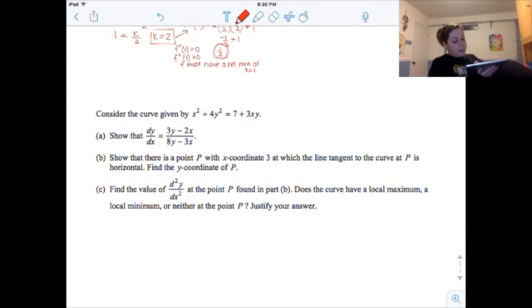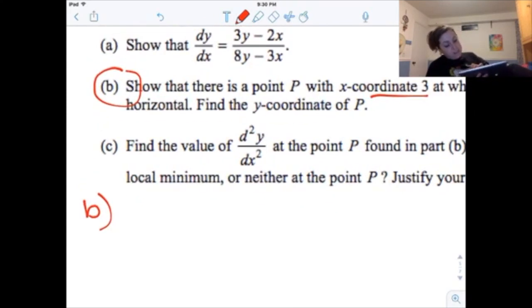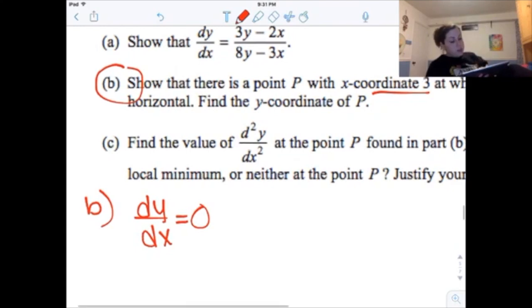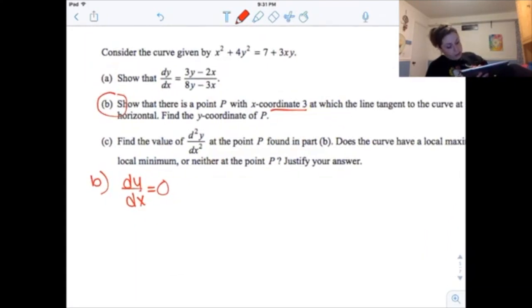So part B, show that there is a point P with x coordinate 3 at which the line tangent to the curve is horizontal. If it's horizontal, dy/dx is going to equal 0. So I'm going to take that and set it equal to 0. (3y minus 2x) over (8y minus 3x) equals 0.